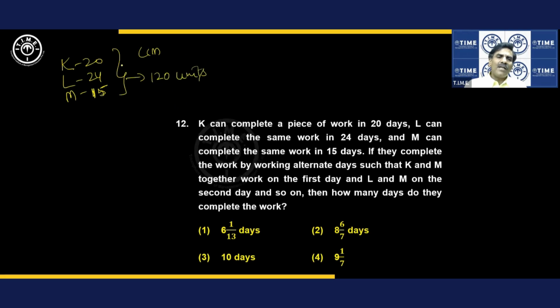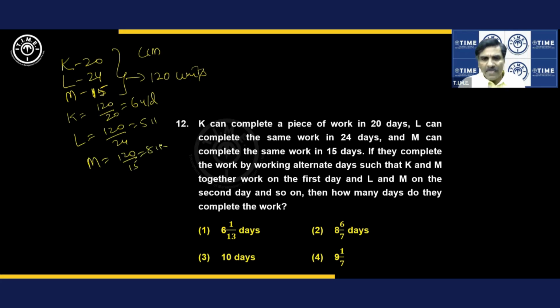K completes that 120 units in 20 days, means per day he'll complete 120 by 20, 6 units per day. L completes 120 by 24, 5 units per day. M completes 120 by 15, 8 units per day. Right? So if you are observing carefully, they are working on alternate days with K and L alternating, whereas M is working on every day.